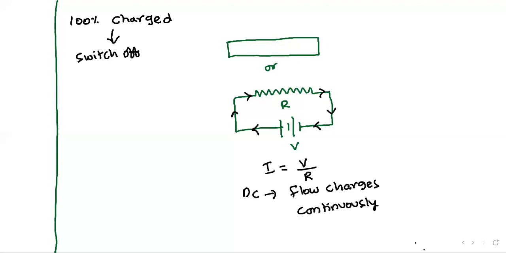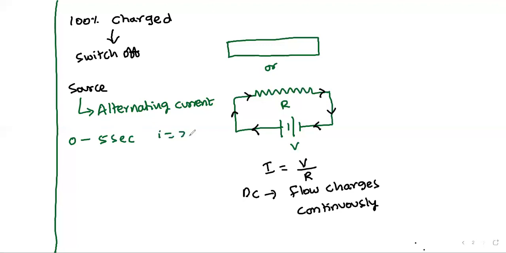For this, people found a different type of source. Apart from the DC source or DC battery, they found a different type of source, and it is called alternating current. It means that up to a particular point of time, the current will flow. Suppose 0 to 5 seconds, current will flow.